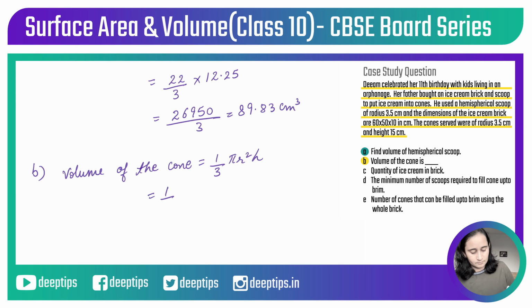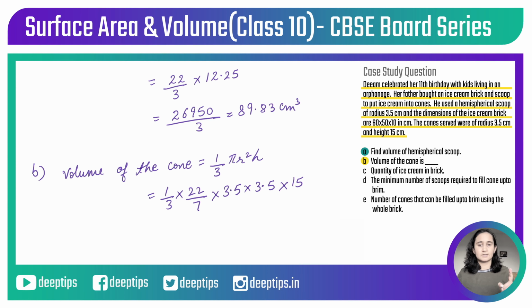And my radius and height are already given for the cone. So pi I can substitute 22/7. R is 3.5, so I can write here 3.5 into 3.5. And height is 15. So let's first simplify.